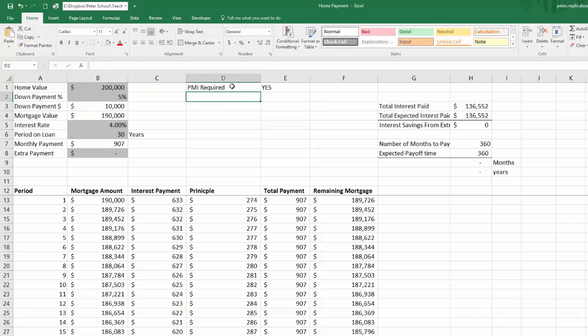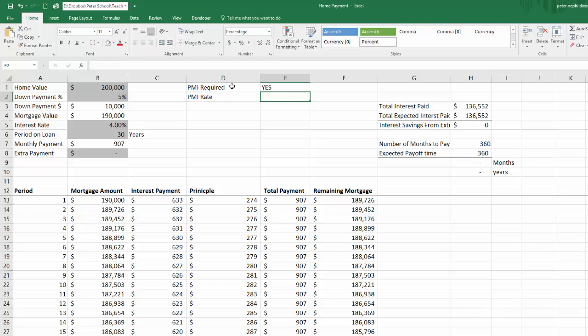So, the next thing we need to know is what is the PMI rate. Now, the PMI rate is what the insurance company will charge you on an annual basis, some percent of the value of your mortgage. If I put 5% down, the value of my mortgage would be $190,000. So in the first year, to cover this mortgage, they would charge me some percent of $190,000 spread out over the 12 months.